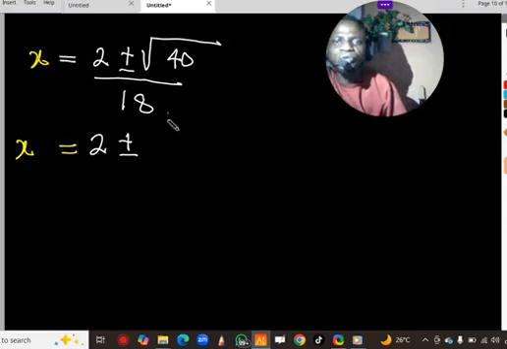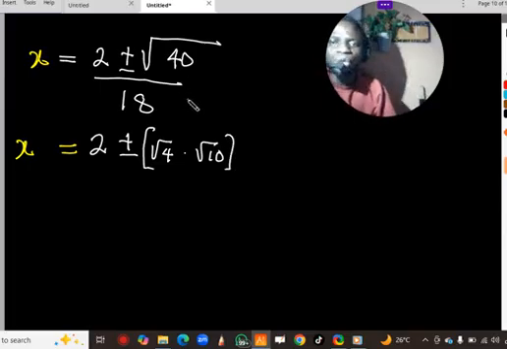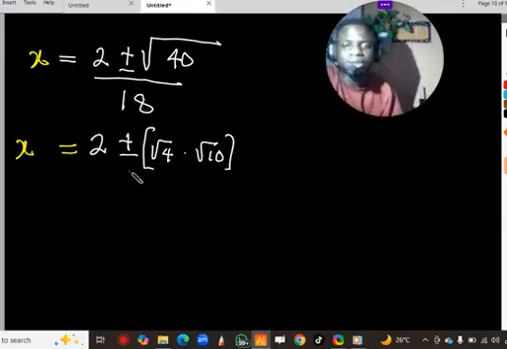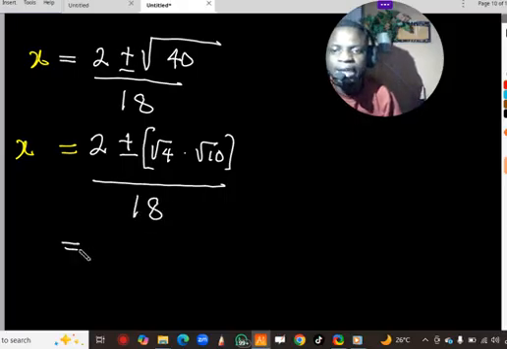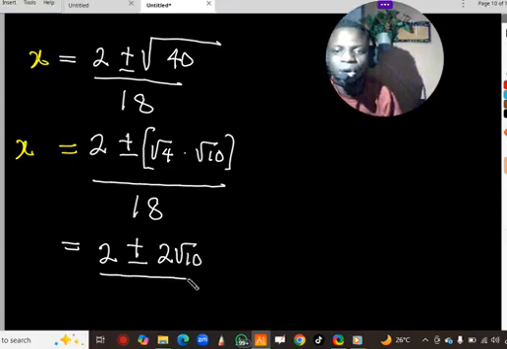Now we can express root 40 as root 4 times root 10, since 40 is not a perfect square. So let's leave it this way, all divided by 18. Now we can write this as 2 plus or minus root 4 is 2, so we have 2 root 10, so 2 root 10 all over 18.